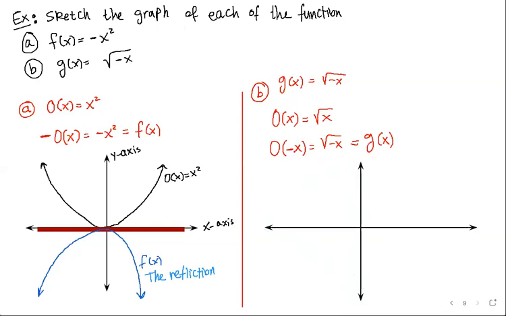So the original function is the black one. Here, the black one. This is the original function. The reflection one is around the y-axis. So my mirror is this.